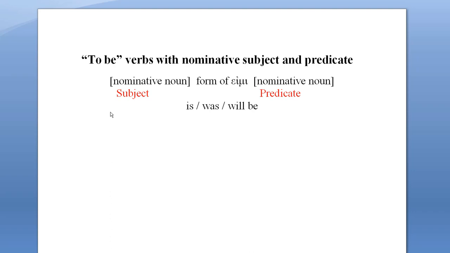Let's do a brief review of to be verbs with nominative subject and nominative predicate. We will typically have a nominative noun or something acting as a noun as the subject, then a form of eimi, to be, so meaning is, was, will be, and then a nominative noun that will act as the predicate.